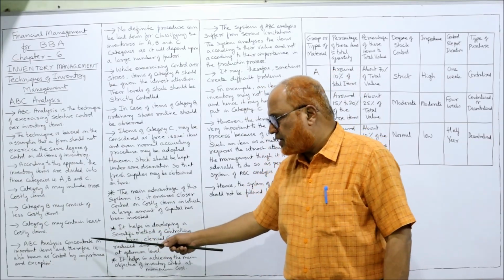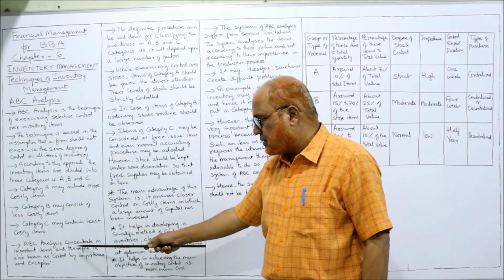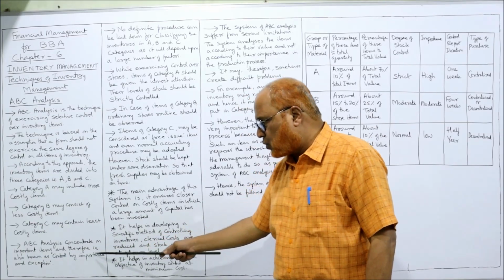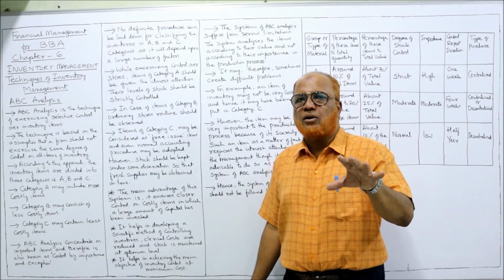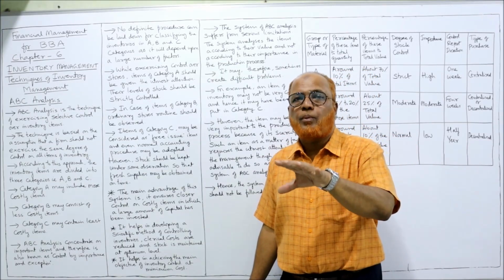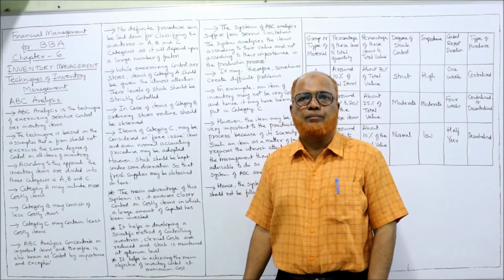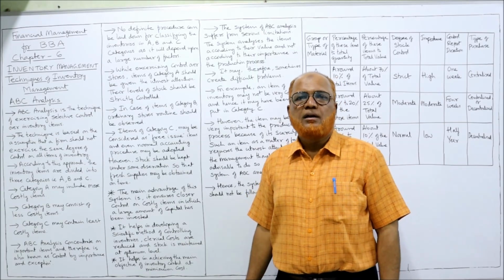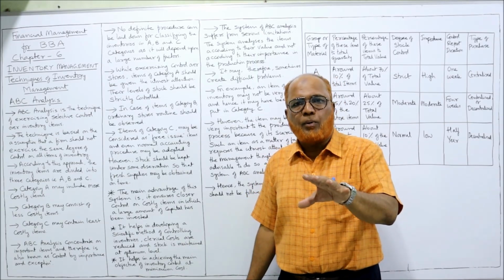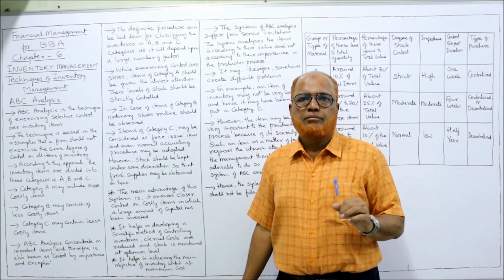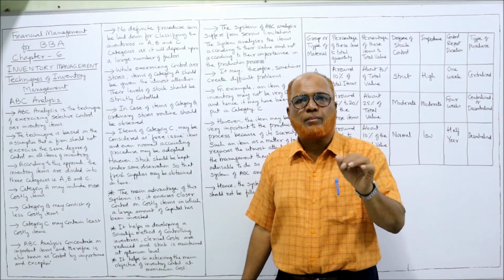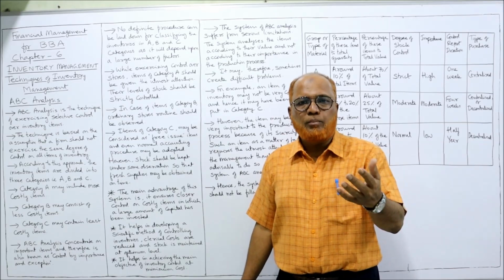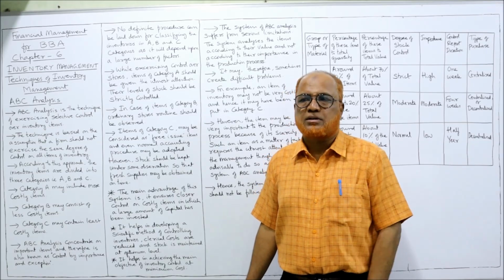ABC analysis concentrates on important items, and therefore it is known as control by importance and exception, because it exercises control according to the importance of the inventory item. That means all items are not equally important. Some items are important, some are more important, some are least important.